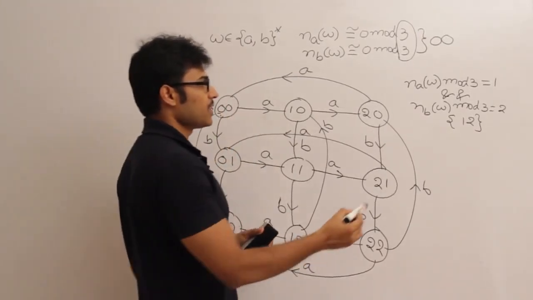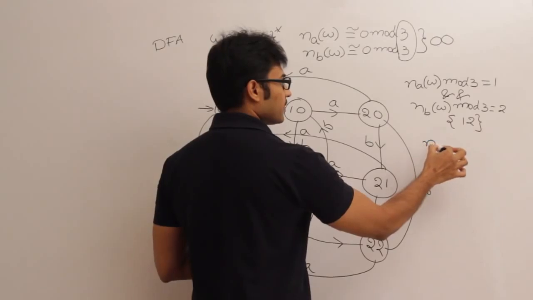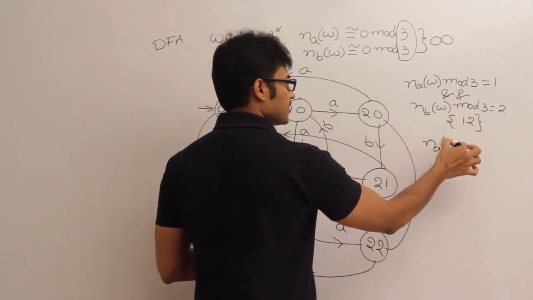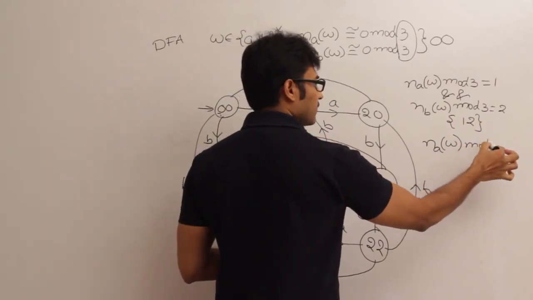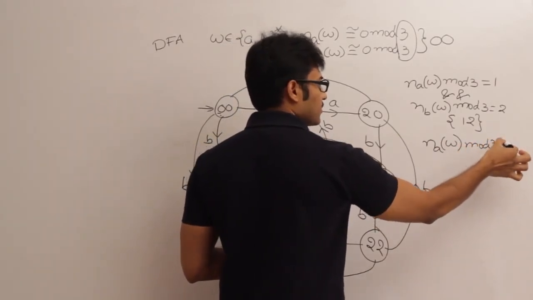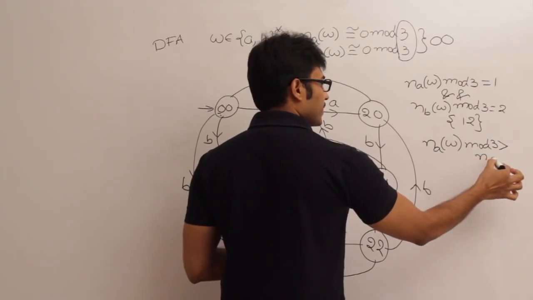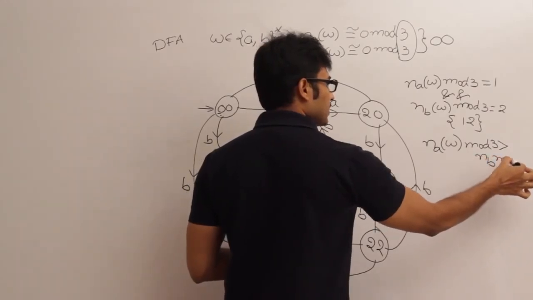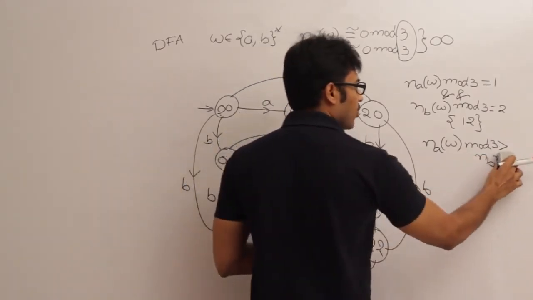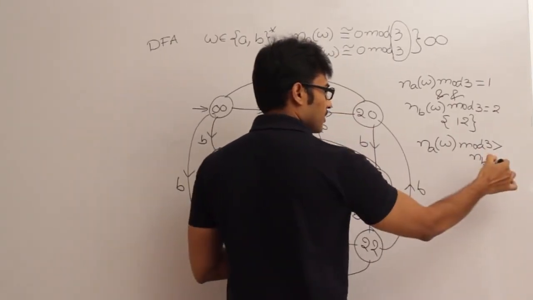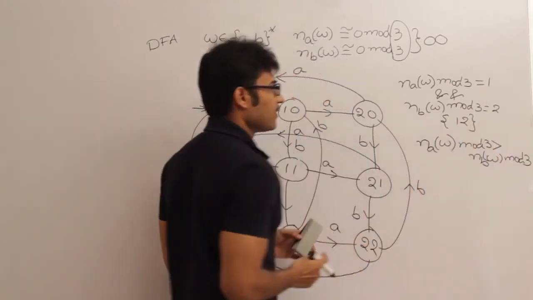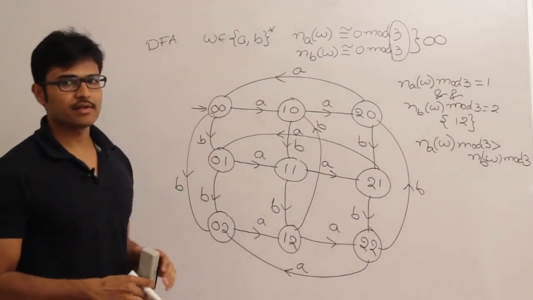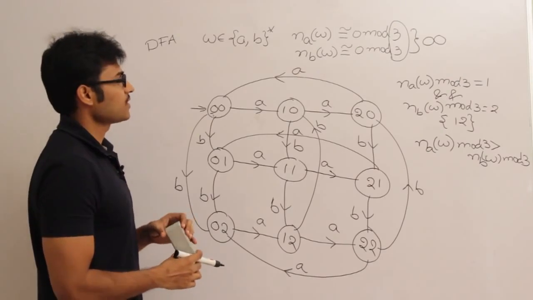Or they can even compare the number of A's and the number of B's mod 3. Let us say the number of A's in the word mod 3 has to be greater than the number of B's in the word mod 3. Where is the number of A's and the number of B's?